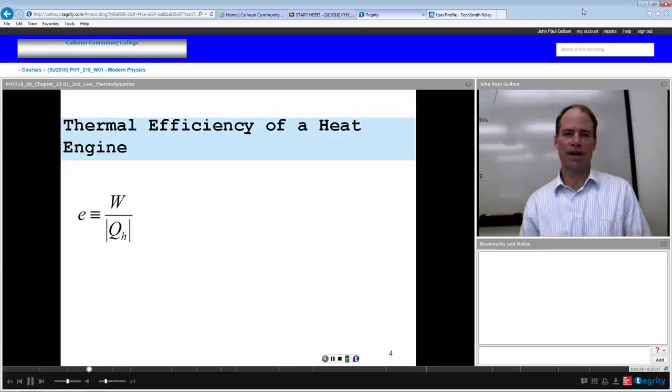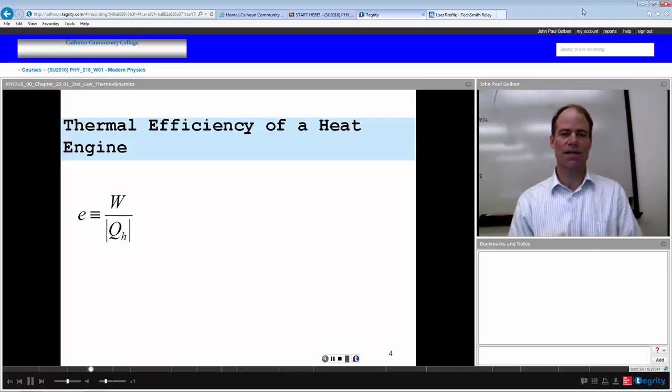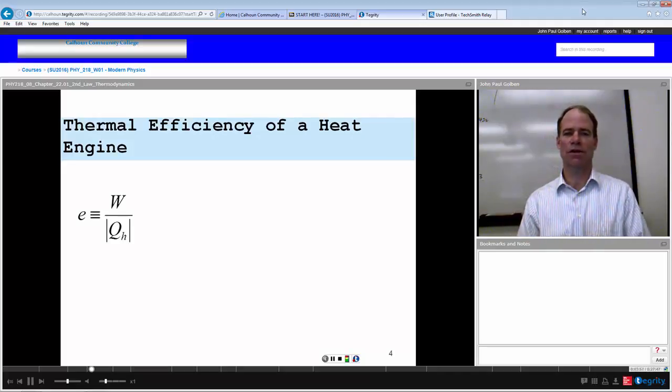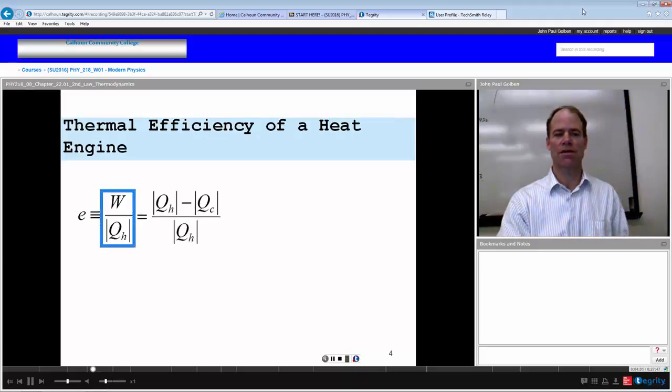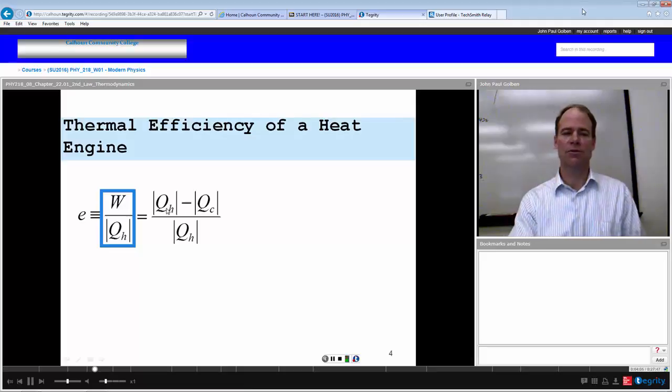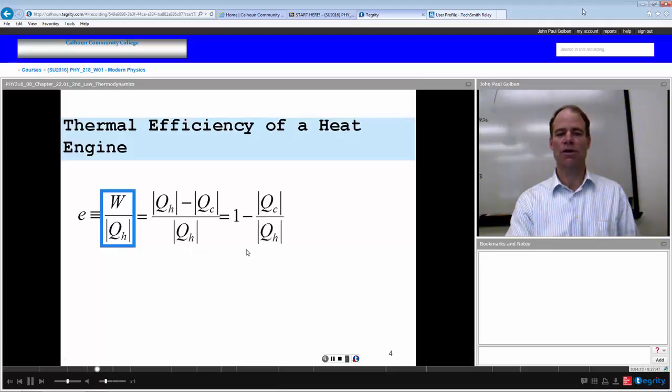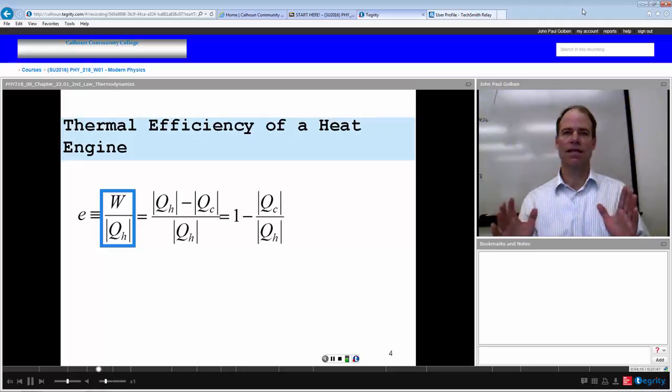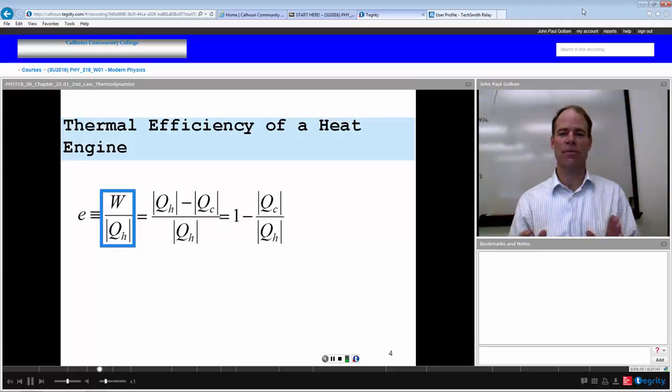We define, with a triple equal sign, the efficiency as being the work performed over the heat input from the hot reservoir. We can write that as the difference between the heat input from the hot reservoir minus the heat expelled to the cold reservoir over the input of the hot reservoir, or simplify this as 1 minus the heat expelled to the cold reservoir divided by the heat taken in from the hot reservoir.